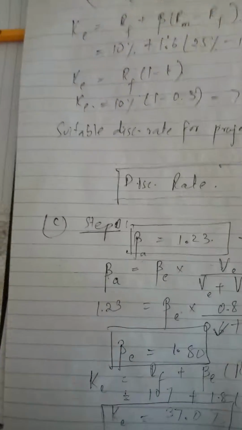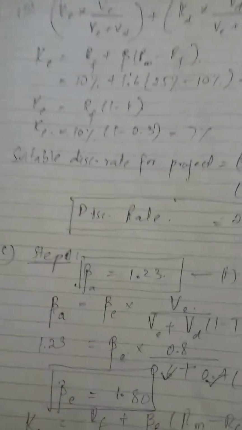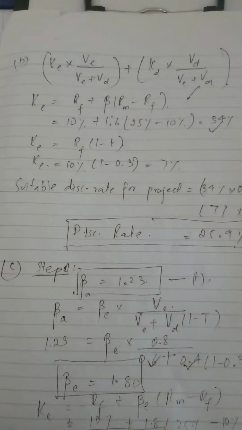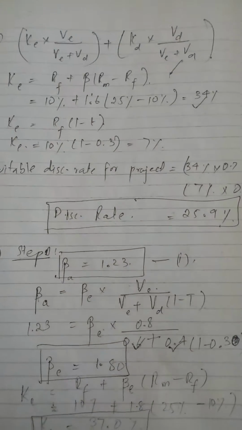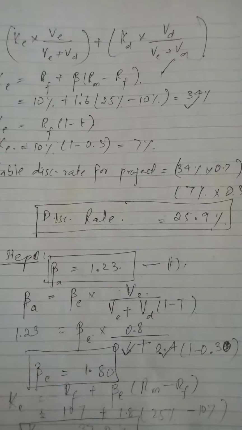So what we have done here is a weighted average. In the first part and the second part, we also calculated the discount rate with the help of this example, and we applied it so that we can build our understanding.